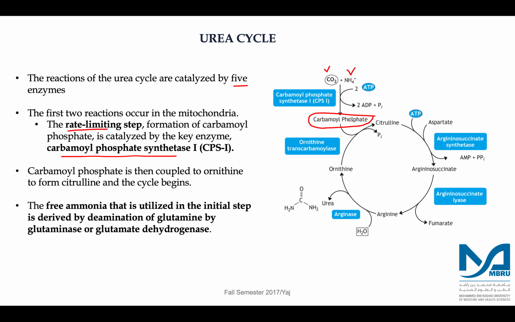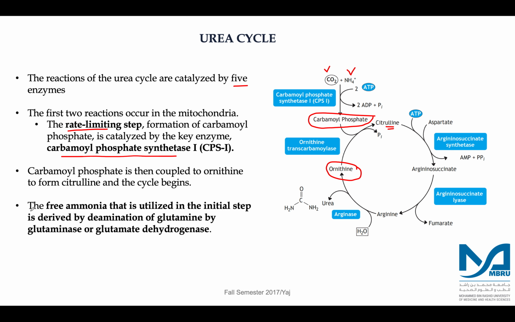Once carbamoyl phosphate is formed, it couples with a particular molecule known as ornithine. So carbamoyl phosphate plus ornithine leads to the formation of citrulline, and citrulline then comes out from the mitochondria, and the formation of citrulline initiates the urea cycle.